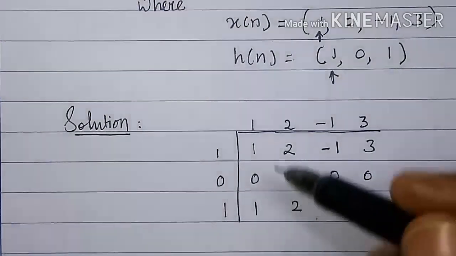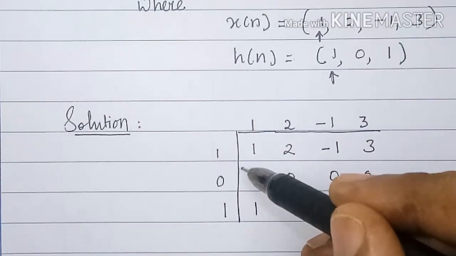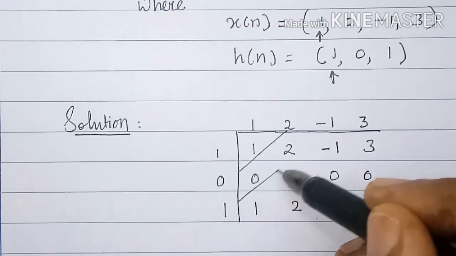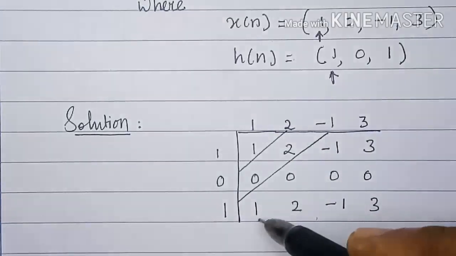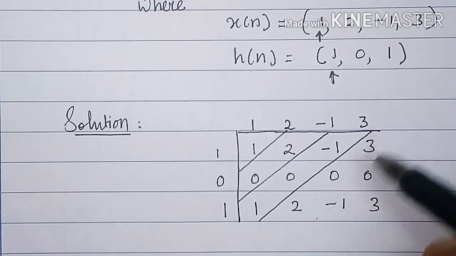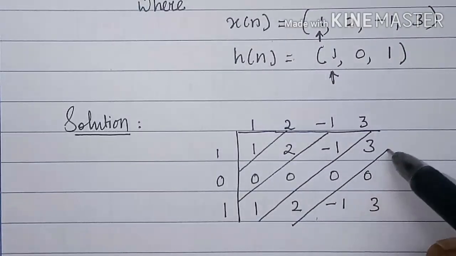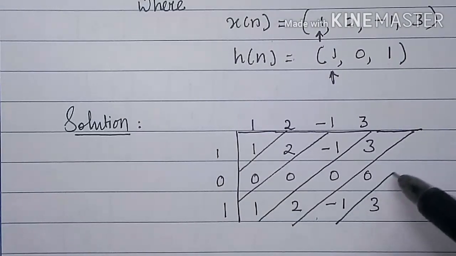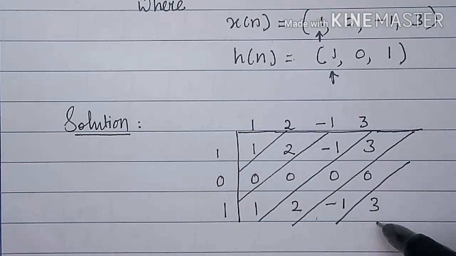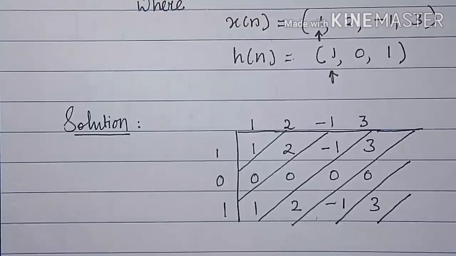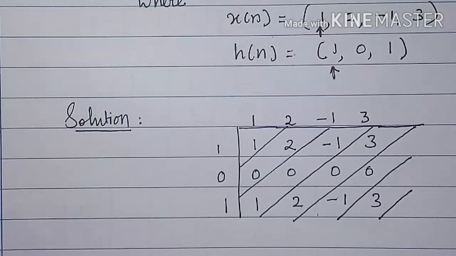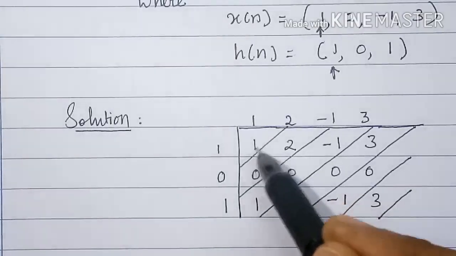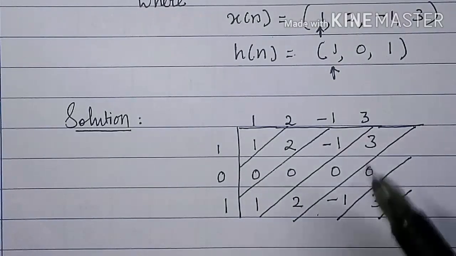After this, you draw the cross lines like this. Now add the numbers in each box and then write them.